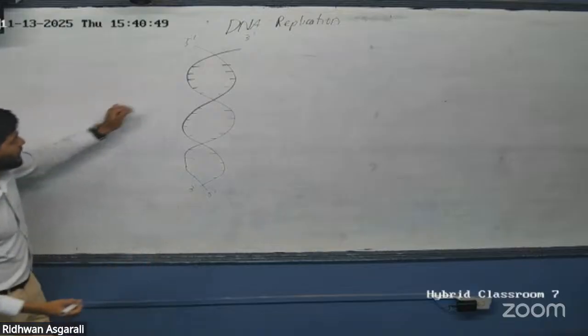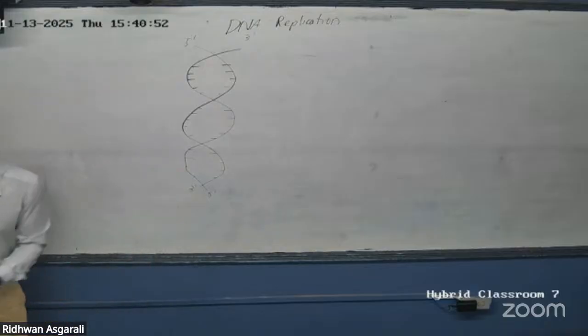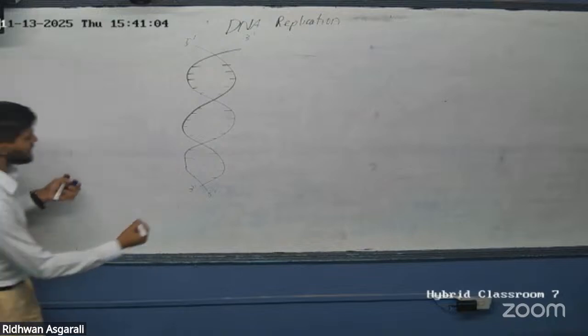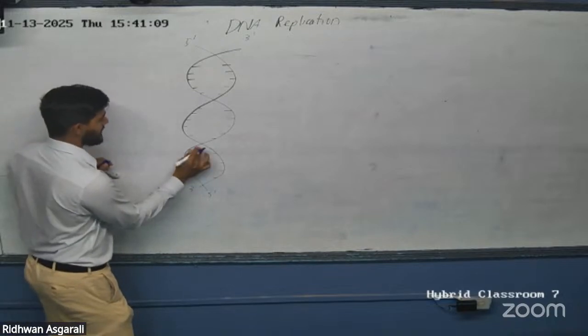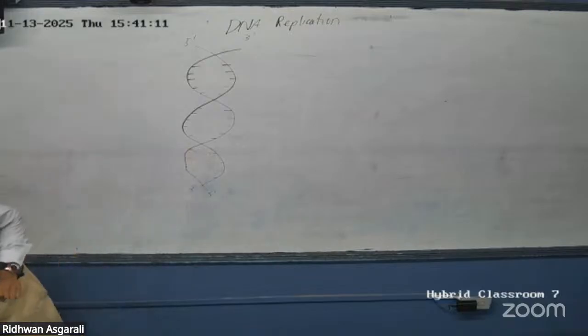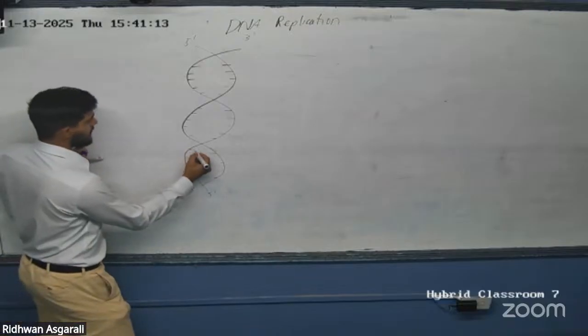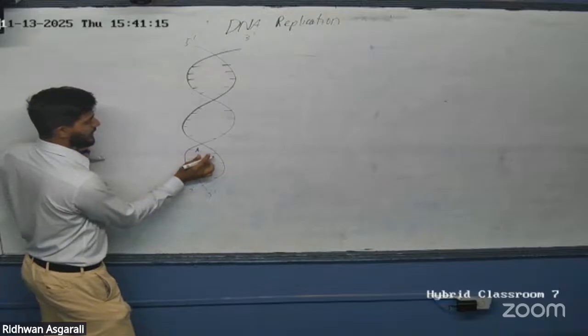Let's go and close the double helix. Which base pairs? If this is A, what base would be on this side?